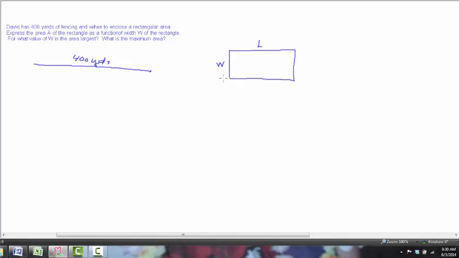So that's telling us really what the perimeter of this rectangle is. So perimeter is 2 lengths plus 2 widths. So 2 length plus 2 width. And again, I know that that perimeter is 400 yards. So 400 is equal to 2L plus 2W.